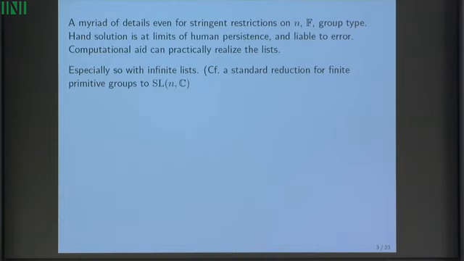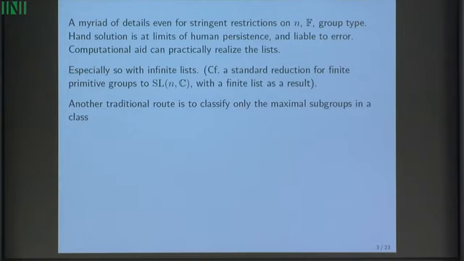But our classifications are infinite. So there's a question about how to organise that in a manageable way. Another traditional route was just to classify maximal subgroups within the class. Of course, this makes sense as long as every group that you're interested in is contained in a maximal.